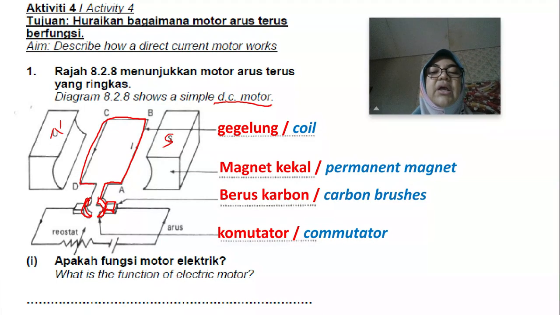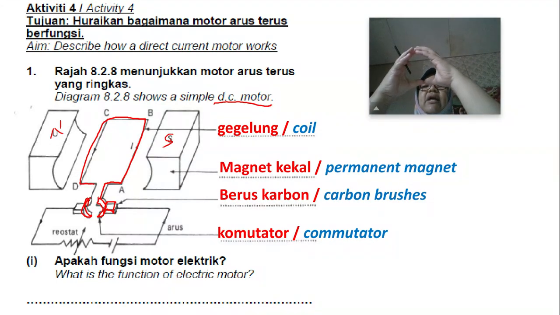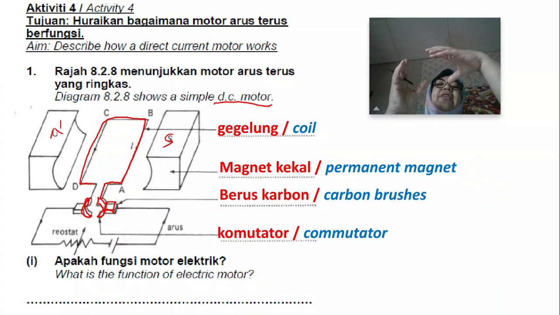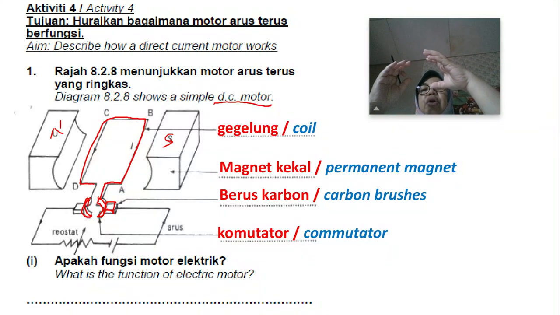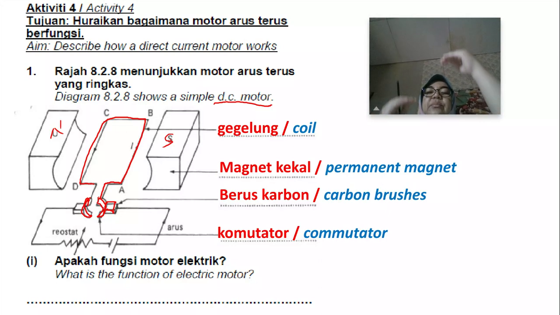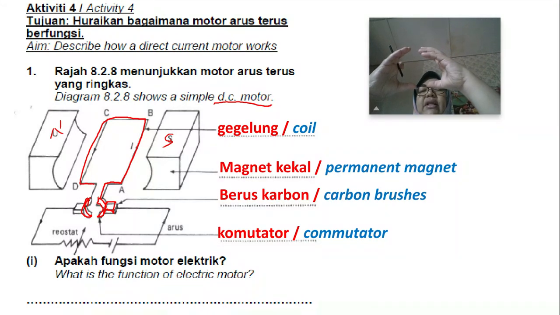Okay. So, carbon brush ni akan bersentuhan dengan commutator. Okay, dan commutator tu akan berpusing with the coil. Bila coil tu dapat turning force daripada current carrying conductor dengan magnetic field, dia akan turn lah. And then the commutator is attached to the coil.